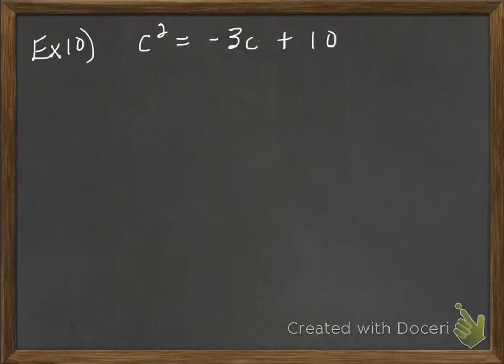So that means our negative 3c needs to take a trip over to the left-hand side, and our positive 10 needs to take a trip over to the left-hand side, and that's going to give us c squared plus 3c minus 10 is equal to 0.